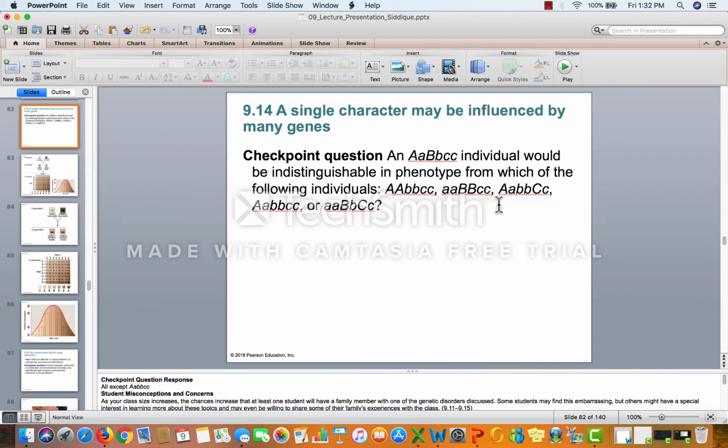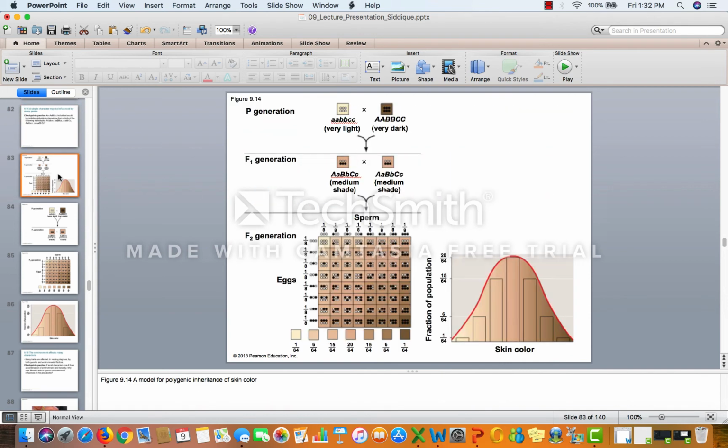And the answer is everyone except this guy right here, okay? Every one of these he'll be indistinguishable from except this guy right here, because each of these has a carrier that's dominating A and B, right? So this is A and B. And this is the only one that it will be indistinguishable from.